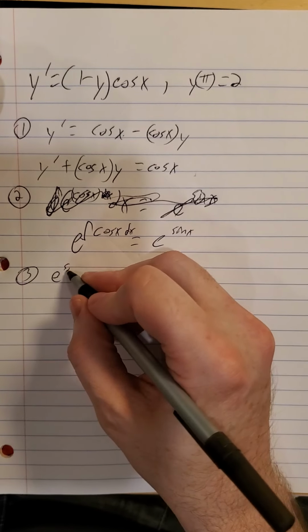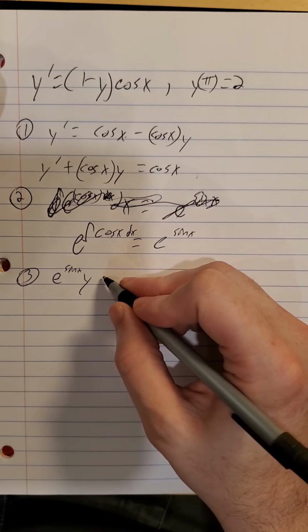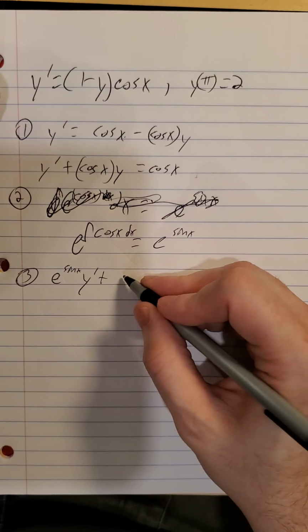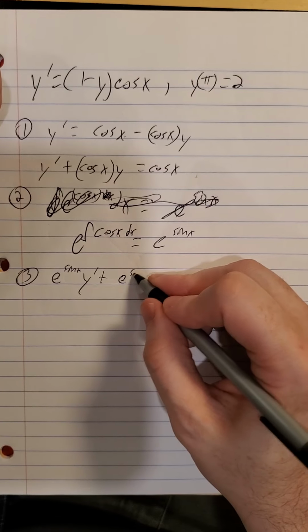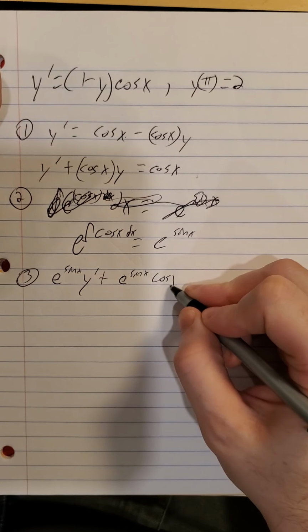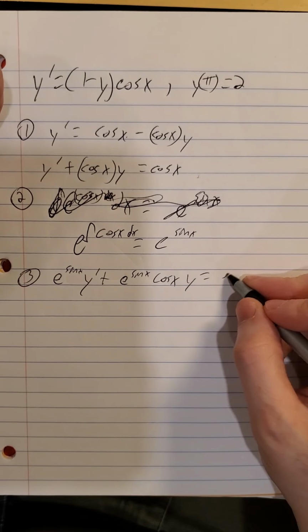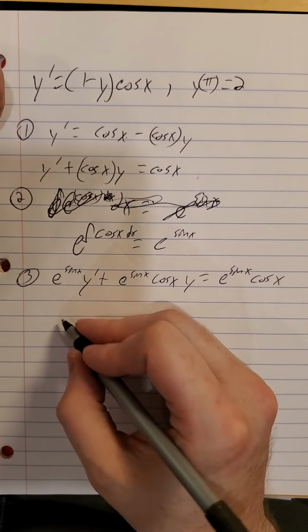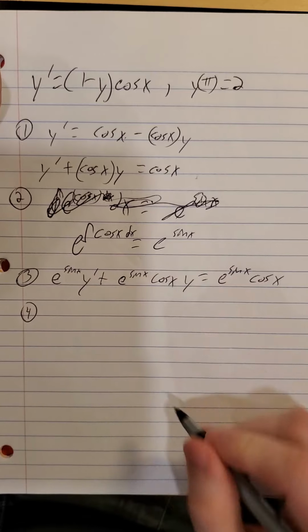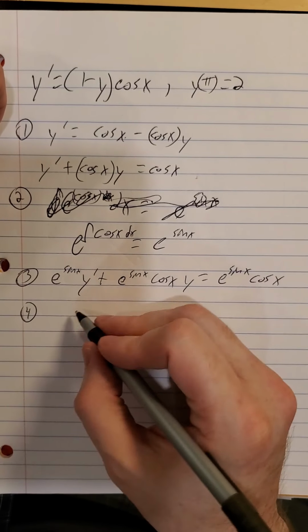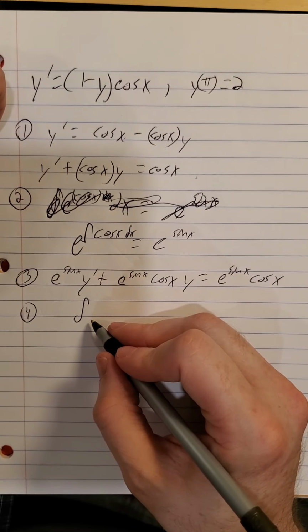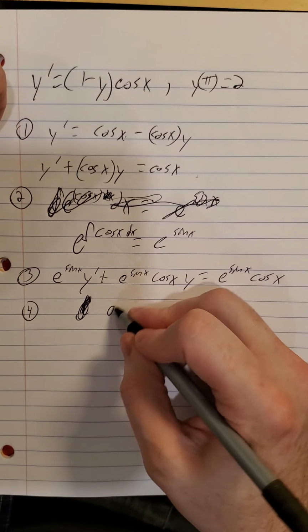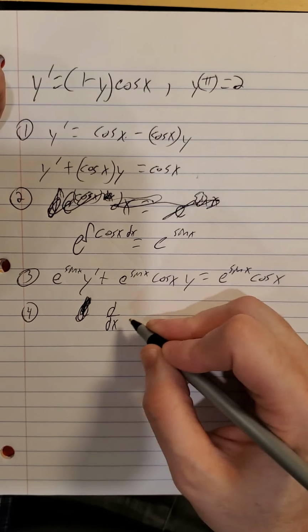So we have e to the sine x times y prime plus e to the sine x times cosine x times y equals e to the sine x cosine x. Not much cleanup work to do there, so this is then our derivative. We'll take the integral in just a moment.